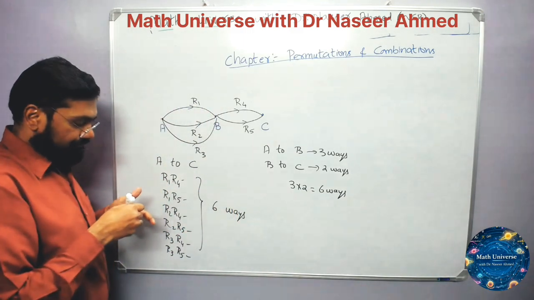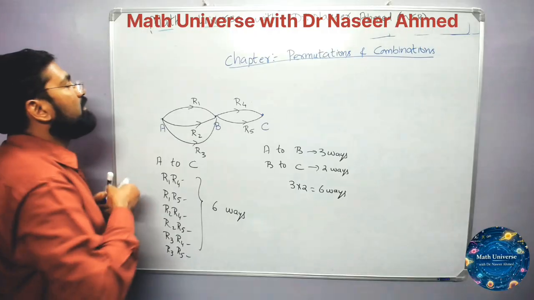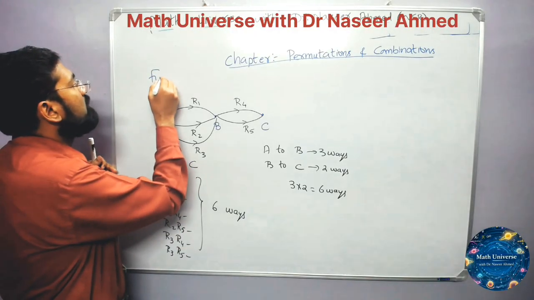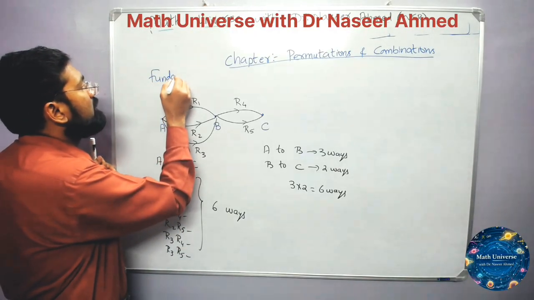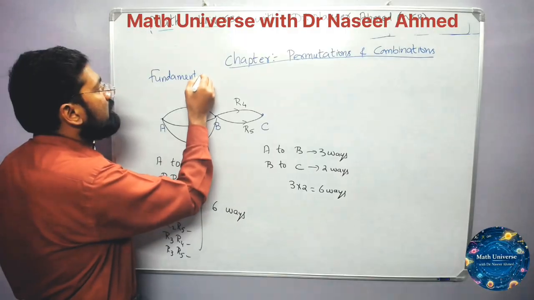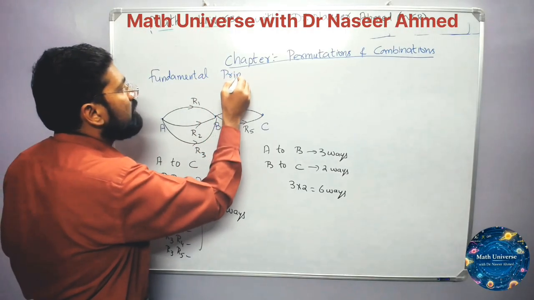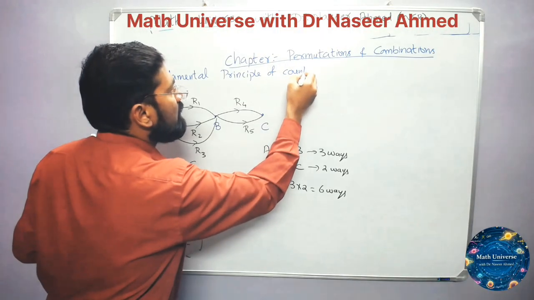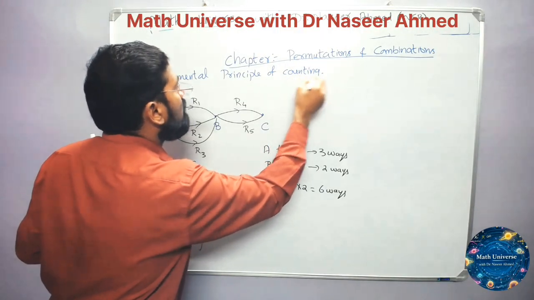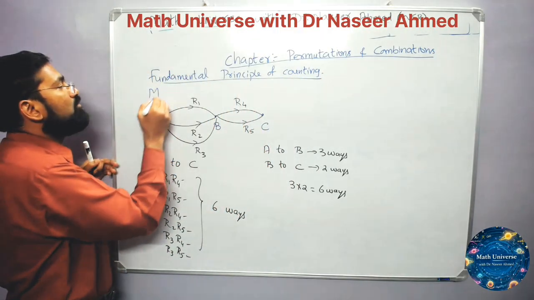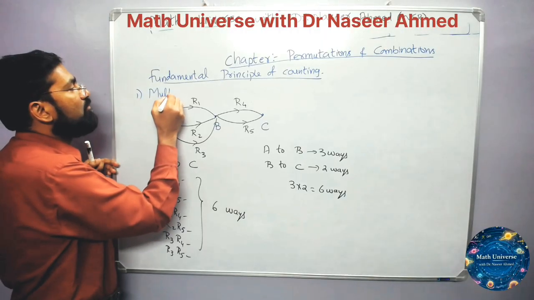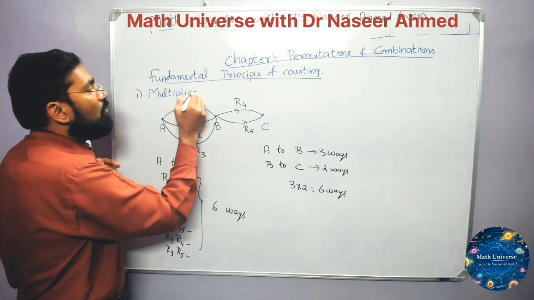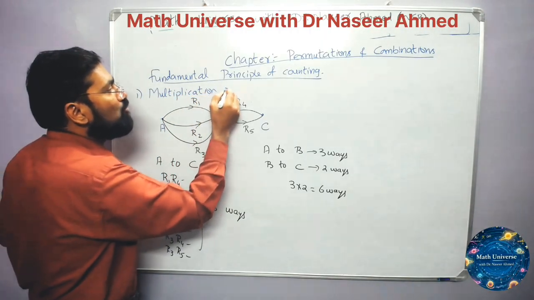This we call the fundamental principle of counting. In this we have got 2 rules. One is the multiplication rule. What does this multiplication rule say?